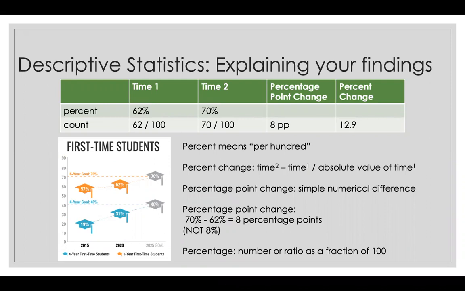So you can see that to calculate the percent change, you would have time 2 minus time 1 divided by the absolute value of time 1. And so that's how you can see in the table, we have an 8 percentage point change, but a 12.9% change. So again, that's just being a little bit of a stickler on that language, but it is important because they mean 2 different things.